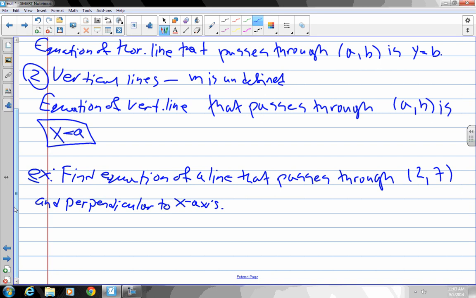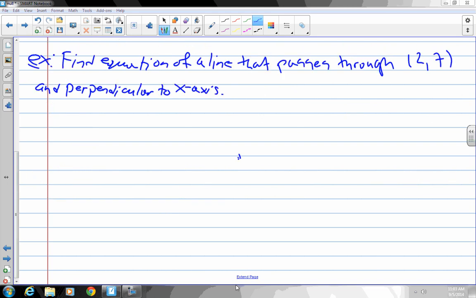Because first you have to picture this line. If it's perpendicular to the x-axis, it's a vertical line, right? Do you agree with that? So then you have a vertical line through the point (2, 7). So the equation is x equals 2. Okay, we're a little bit off now with our smartboard, but the idea is here's (2, 7), and our line is perpendicular to the x-axis, so it's vertical.